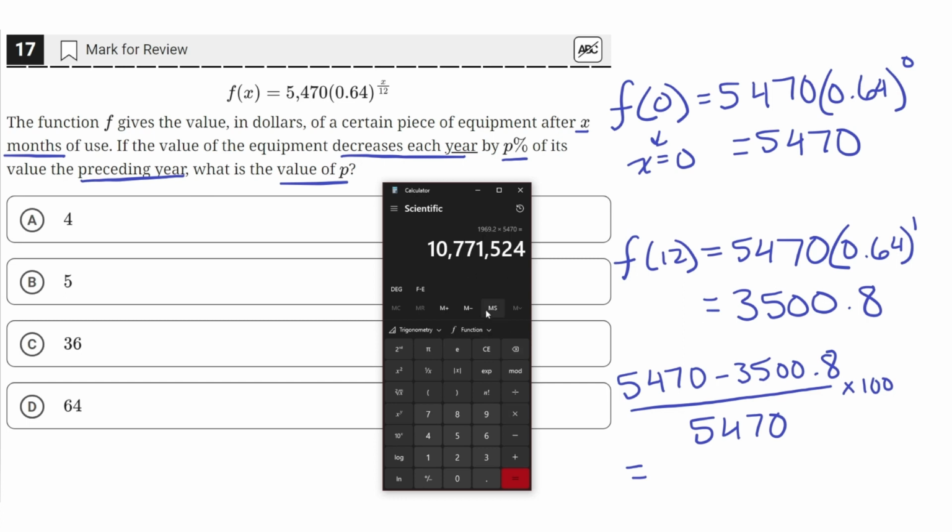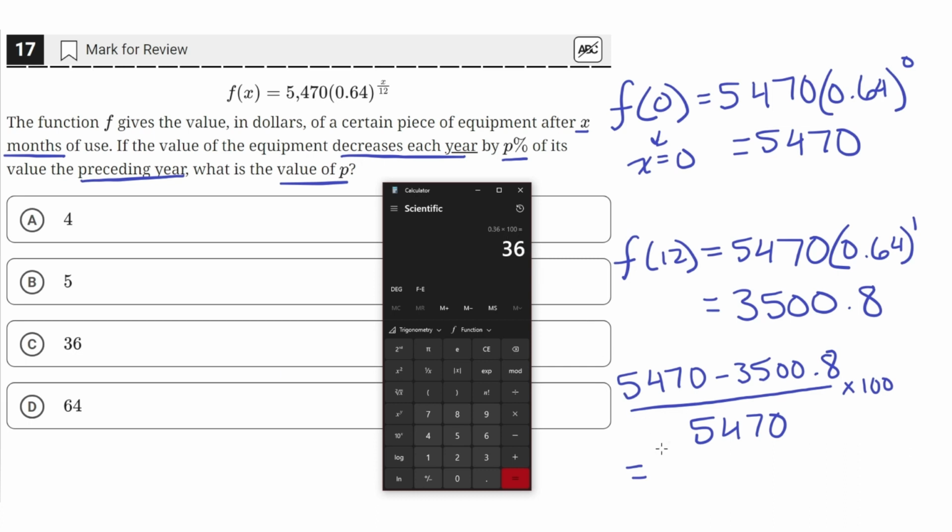Oh, I divided by accident. Okay, so 5,470 minus 3,500.8. We'll get this, and we need to divide that by 5,470. And then multiply by 100 to get a percentage.